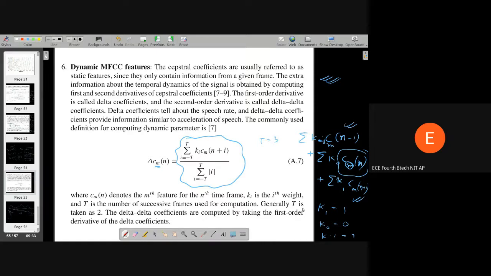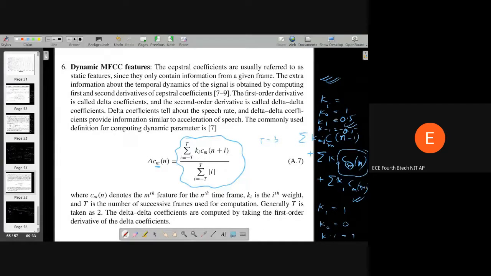Now you could choose other numbers for k_i also. For example, for k0 you could choose 1, k of 1 equal to say 0.5, k of minus 1 equal to say minus 0.5. You want to find out how that coefficient is changing over different frames.